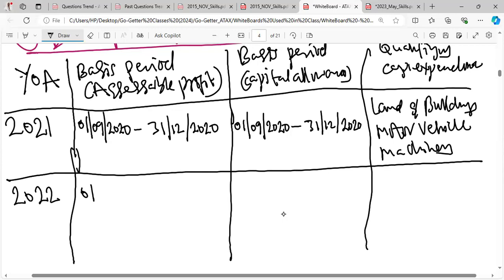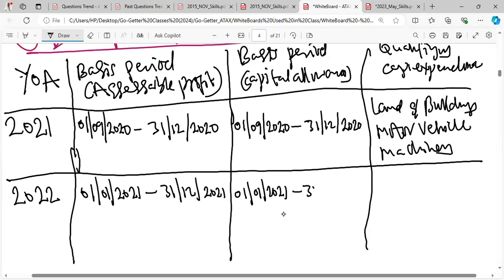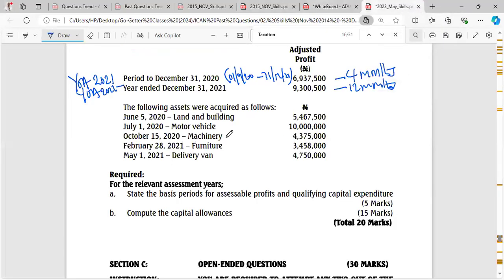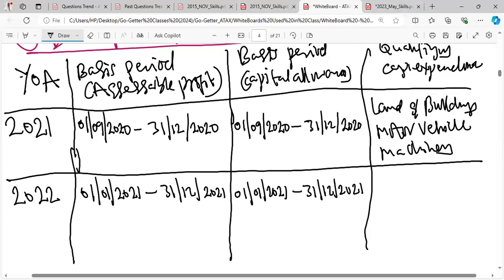That will be from January 1, 2021 down to 31st December 2021. The same thing for capital allowance. January 1, 2021 to 31st December 2021. So you check all the assets that were bought in 2021. We have furniture and delivery van.